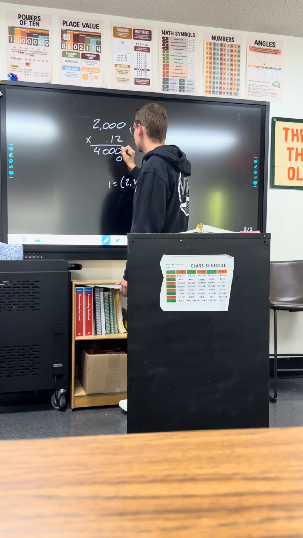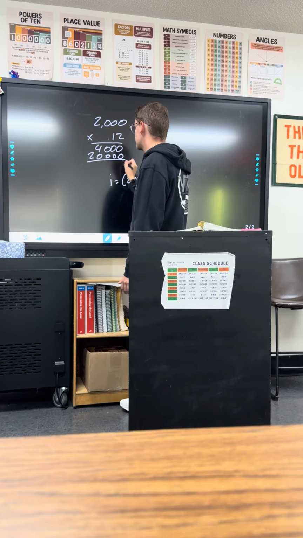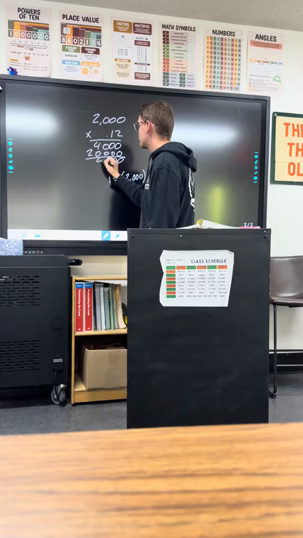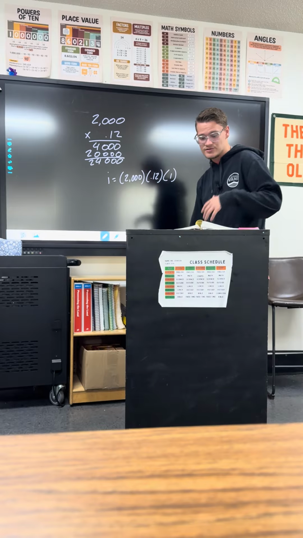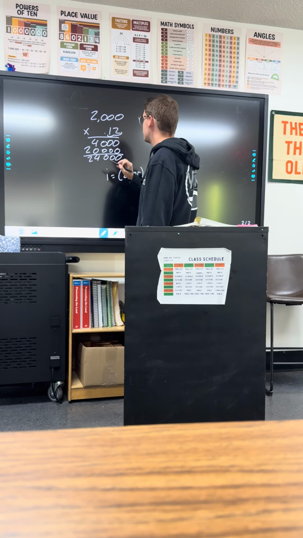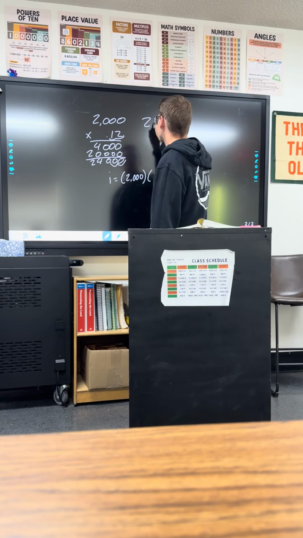I'm going to add a 0 here, and then I have all my 3 zeros from that. 1 times 2 is going to be 2. Add it all up: 0, 0, 0, 4, 2. Is my answer 24,000? Not at all, because I have 2 decimal places I need to account for. 1, 2.